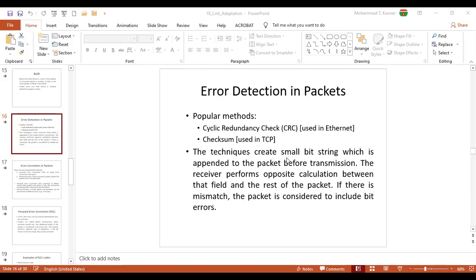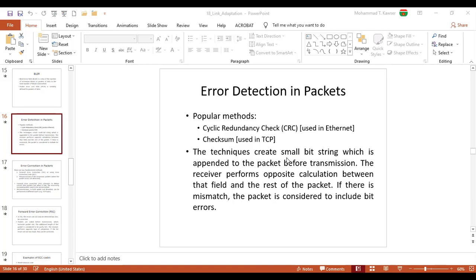But it doesn't know which bits are in error, so it cannot correct them. If it knew which bits are in error, then of course it could correct, but there is no clue which bits are in error or how to correct them. So you just detect whether or not a particular packet has some erroneous bits. That's it.